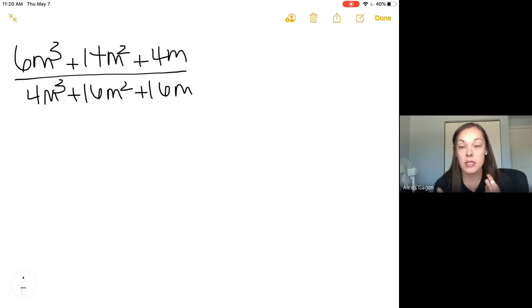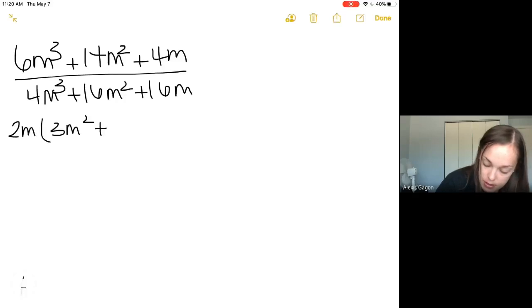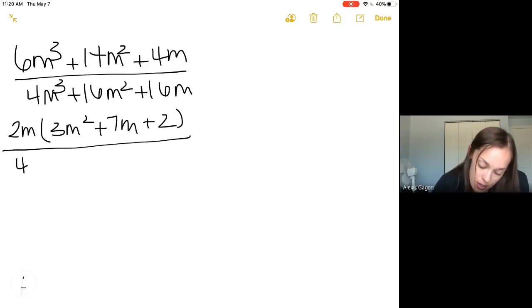In the bottom, it looks like I can take out a factor of 4m. So if I take out that 2m on top, I'm left with 3m squared plus 7m plus 2. If I take out the 4m on bottom, I'm left with m squared plus 4m plus 4.